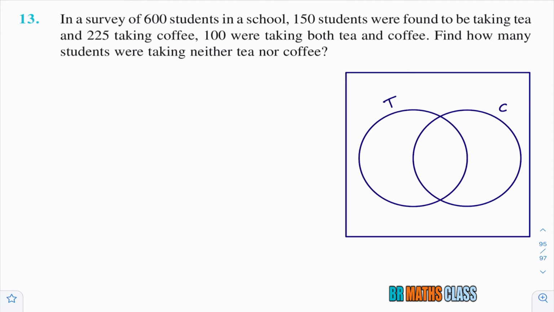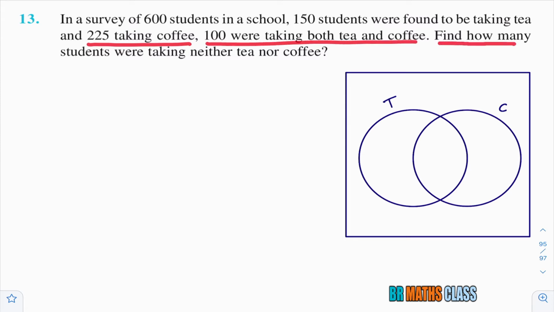You observe, in this type of question, understanding the question is the tricky part. In a survey of 600 students, a survey is done for 600 students in a school. 150 students were found to be taking tea, 225 taking coffee, and 100 were taking both tea and coffee.